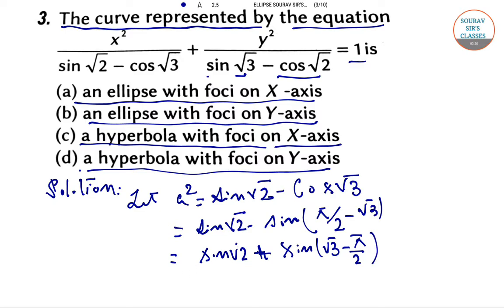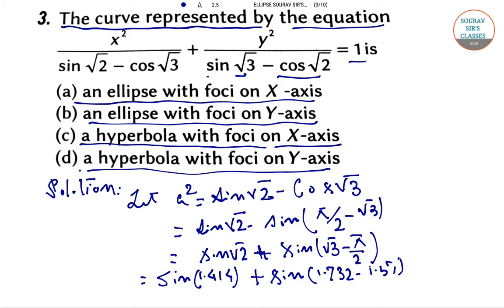So you are left with sine of root 2, whose numerical value is 1.414, plus sine of 1.732 minus pi by 2, and 3.14 divided by 2 is 1.57.